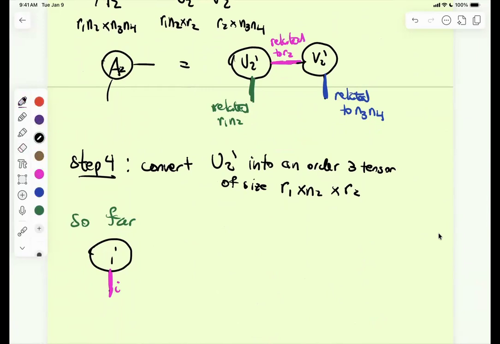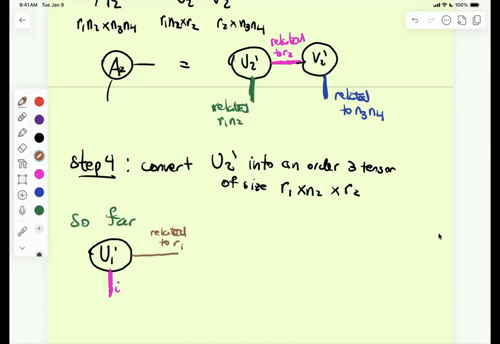And the other index for this matrix U1 prime was related to the rank of the SVD decomposition, related to R1.